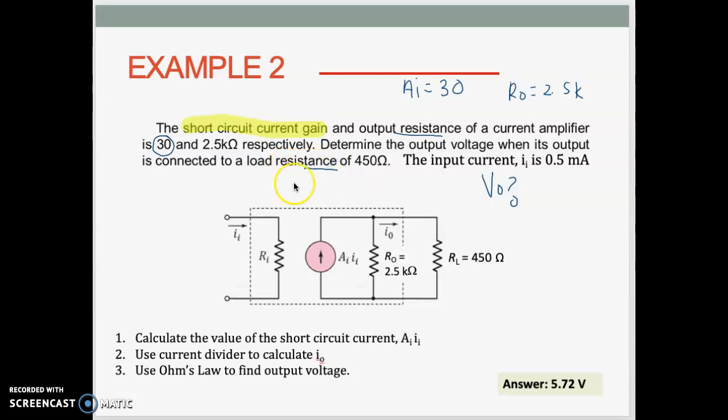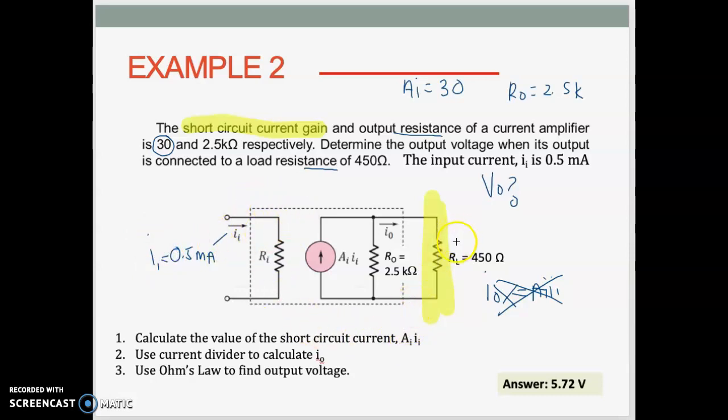In this circuit, there is a load connected here. When the circuit has a load, you cannot say Iout equals Ai. So you need a current divider at the output. Given also the input current here is 0.5 milliampere. So how are you going to solve this one?